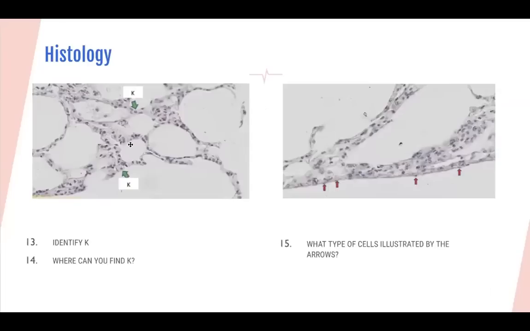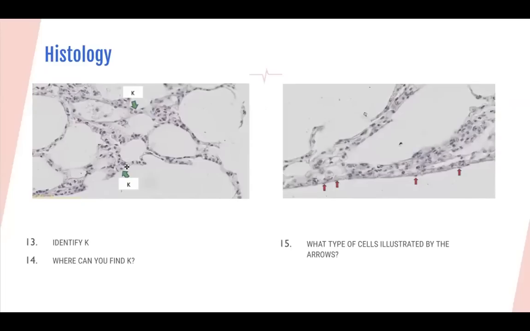Now, last slide, inshallah. Does anyone know what K is specifically? Are these chlorella cells? No, they're not. Nice try, but it's not. Is it a macrophage?